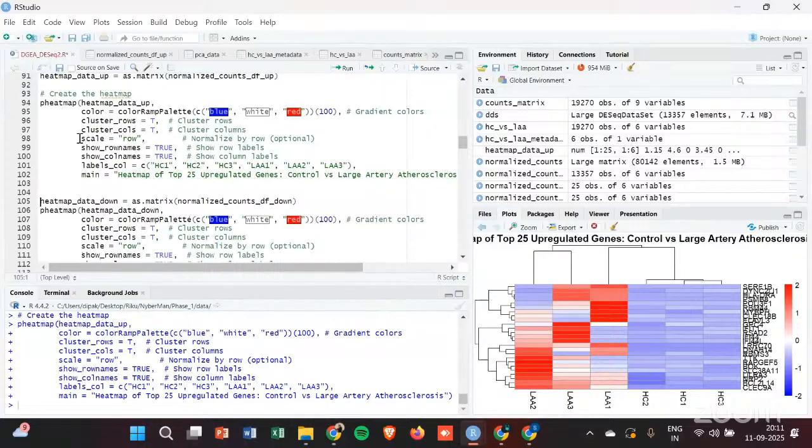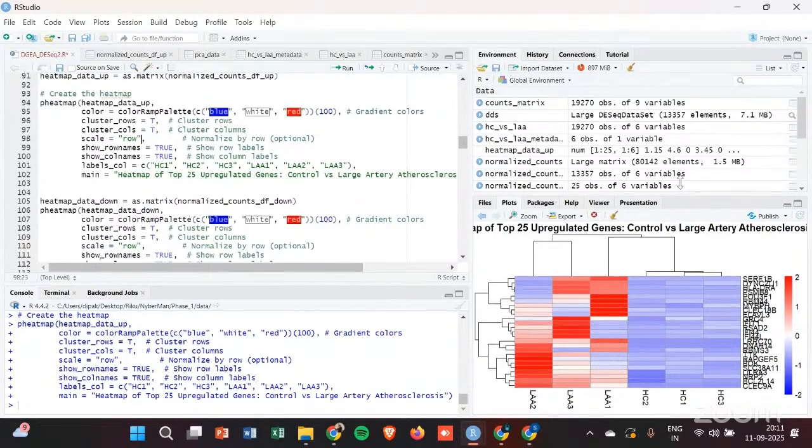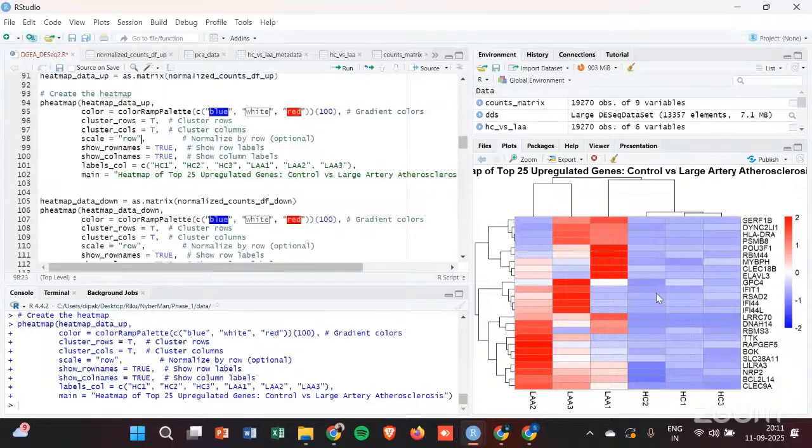This parameter, scale equal to row, does a z-score normalization on the heat map data, that is for the counts. For each gene, a z-score normalization mean centers your data, so the count for each gene now has mean 0 and standard deviation 1.